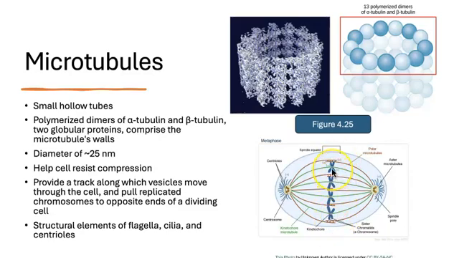This is through the process of mitosis, and pull them to the opposite ends. They can also create structural elements for our cells in making up flagella and cilia and our centrioles.